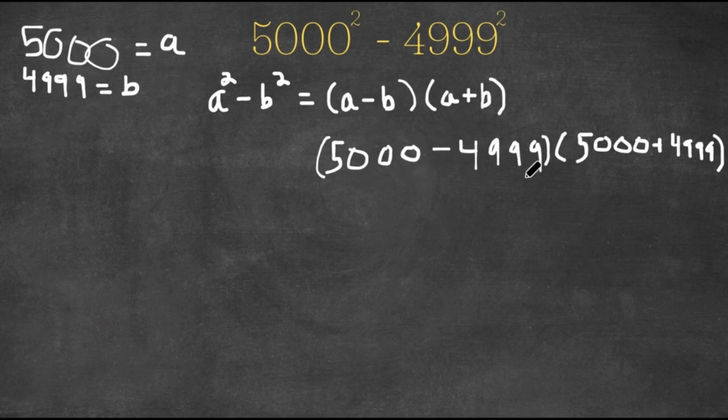Well, 5,000 minus 4,999, well, 4,999 plus 1 is 5,000. So this is just 1 times 5,000 plus 4,999.